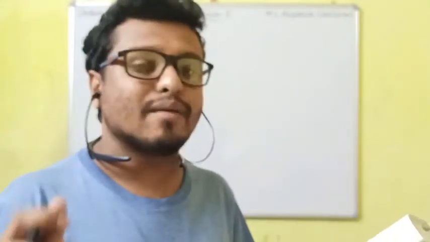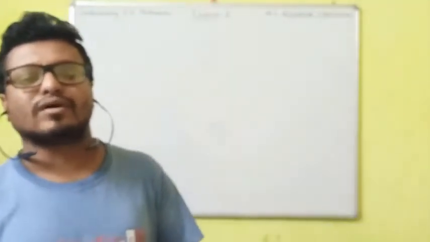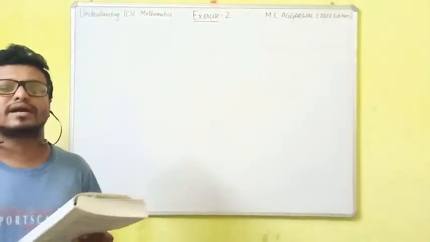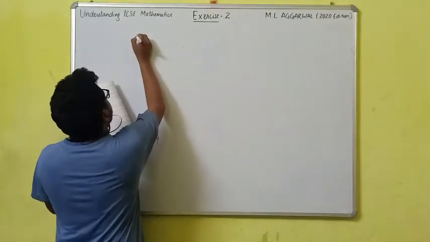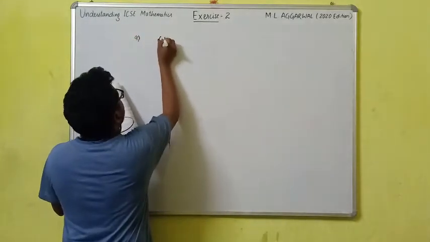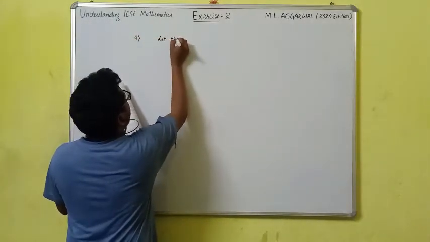If he gets rupees 1200 as the interest at the time of maturity, find the monthly installment and amount of maturity. So here you have to calculate both the things, maturity value and monthly installment. So first let's start.